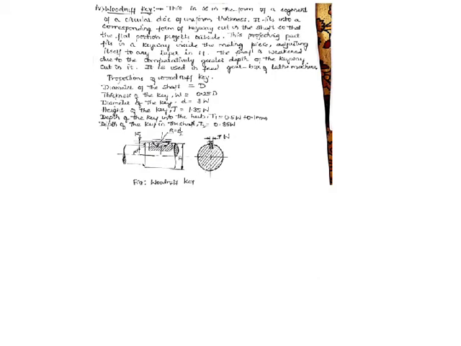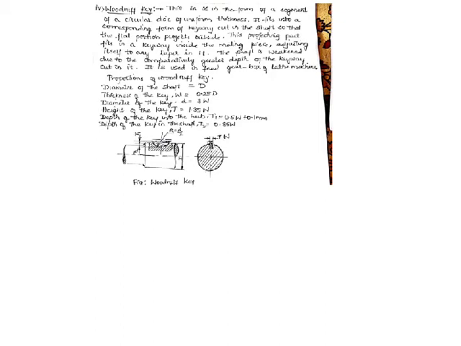Coming to the proportions of the Woodruff key. As we discussed, all the proportions of the keys are given in terms of the diameter. Here, capital D indicates the diameter of the shaft.